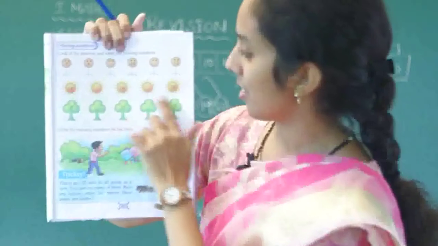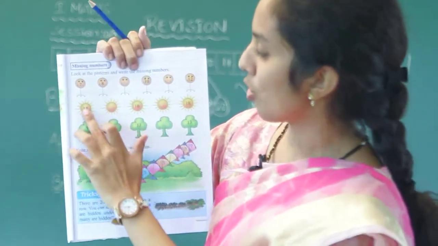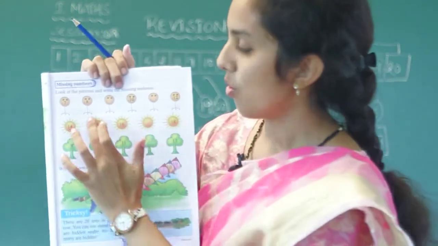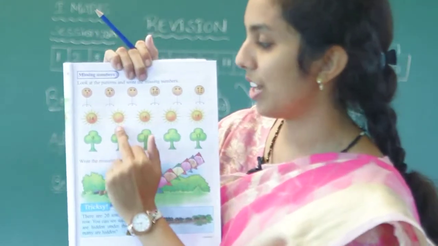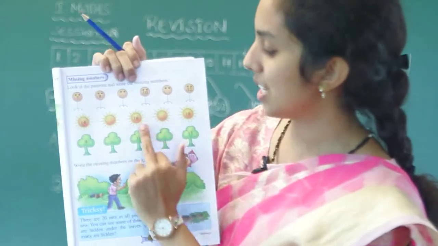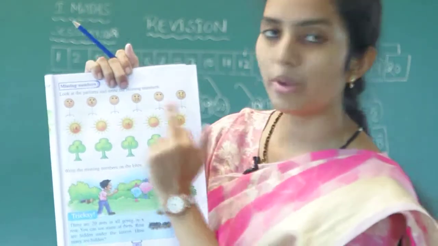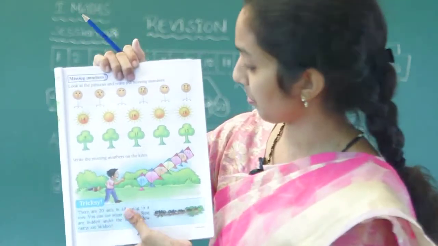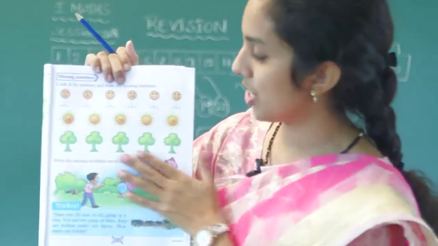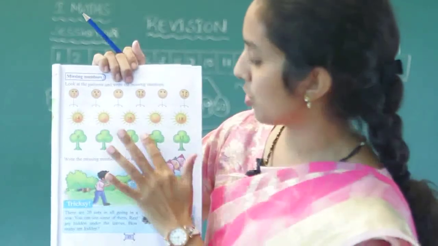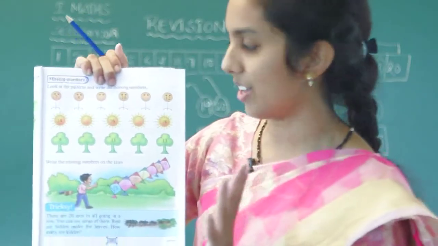And the beautiful sun. 14, 16, 18. What number comes between 14 and 16? 15. So fill this sun with 15. 16 and 18. What comes in between 16 and 18? 17.